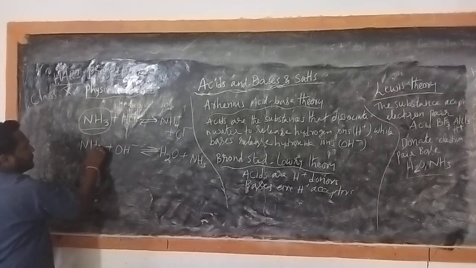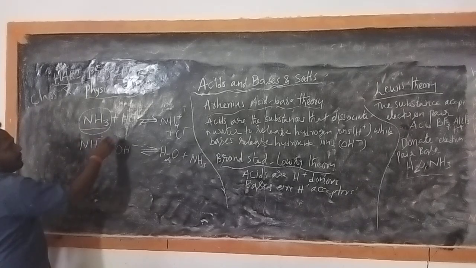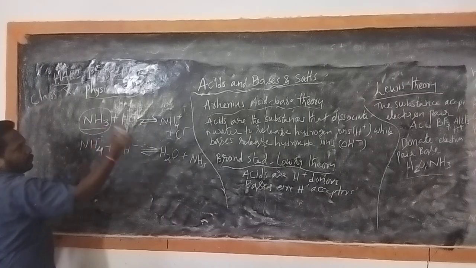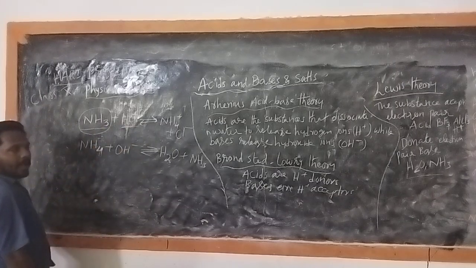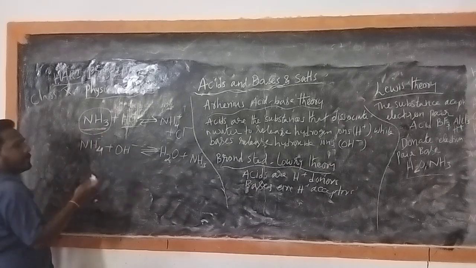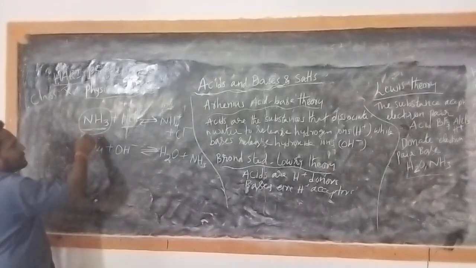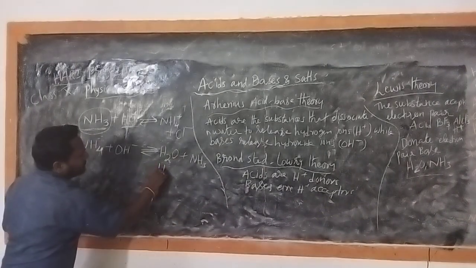Here NH4 plus now acts as an acid. Here HCl gives the proton, so it acts as an acid, and ammonia accepts the proton, H plus, so it acts as a base. In NH4 plus, NH3 has taken H plus.